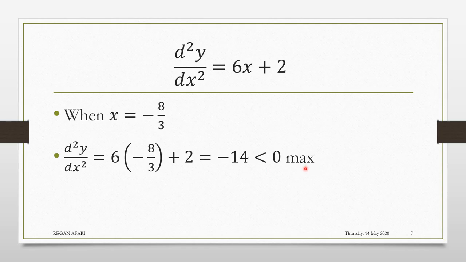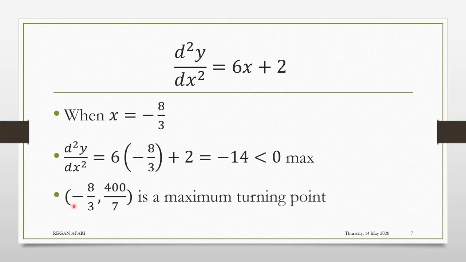Okay, that turning point is maximum. Right, so we can say that this is the maximum turning point, whereas the other one was the minimum turning point. Okay, remember these turning points, we found them, but we needed to determine the nature. That means we needed to know whether it is a maximum or a minimum.